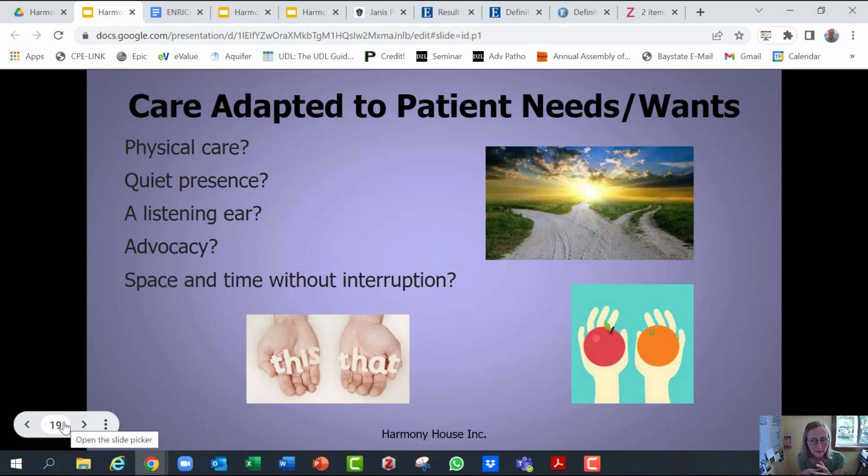Do their family or friends need a listening ear? Does this person in the bed need advocacy? Do they need support? Should you be activating chaplaincy or helping with final arrangements? And perhaps what they need most of all is space and time without interruption. So drawing the shades, closing the door, giving them quiet and peace as they do their work, their labor of dying.